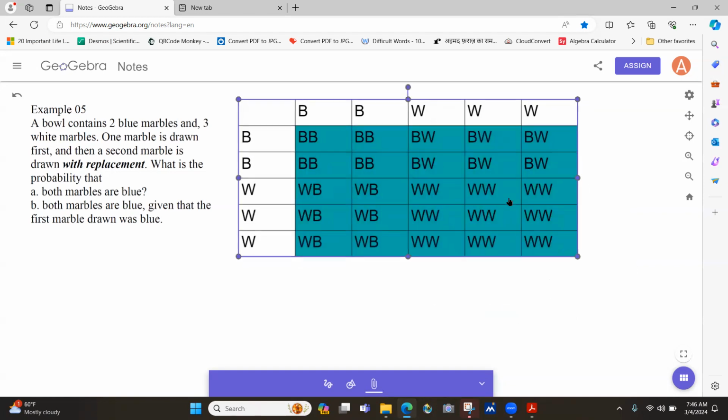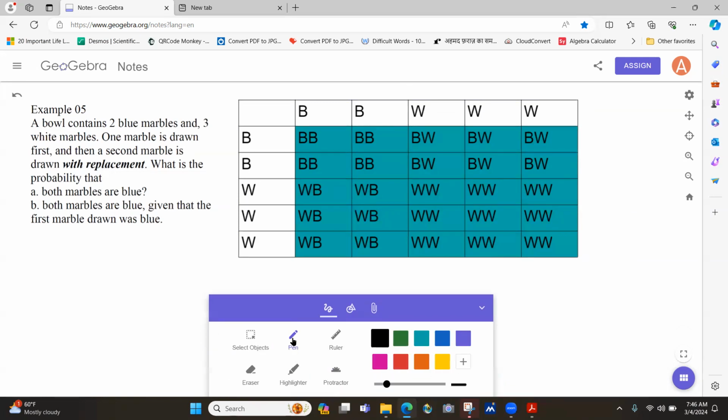My sample space, whatever color this is, bluish green, this is my sample space without any conditions, okay? Now, we're doing it with replacement. If this was without replacement, you would be removing this diagonal. Keep that in mind. That's the only difference. If you didn't replace it and it was without replacement, this diagonal shouldn't have existed. It wouldn't exist.